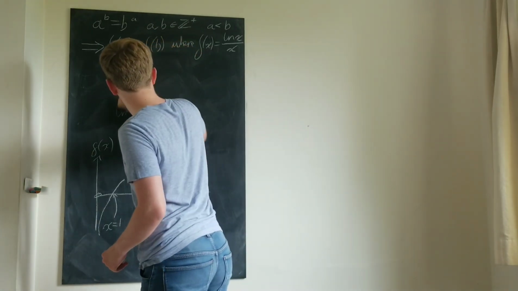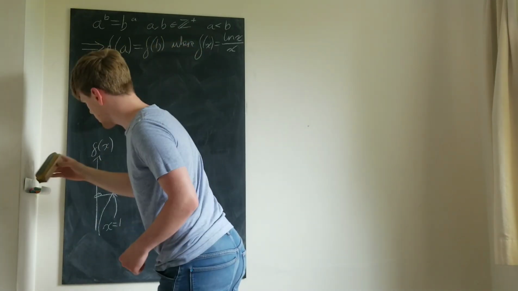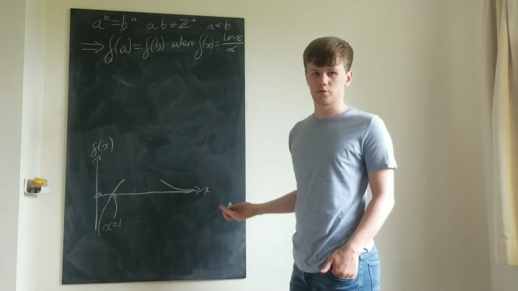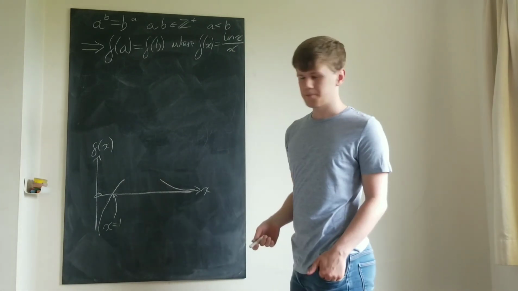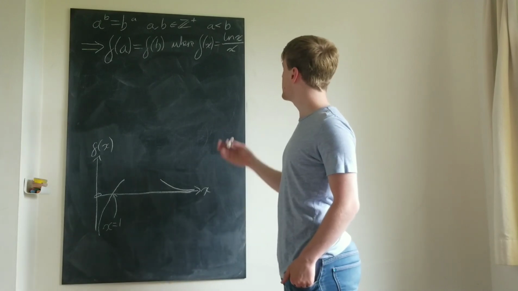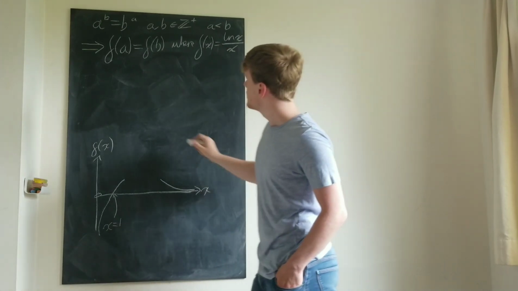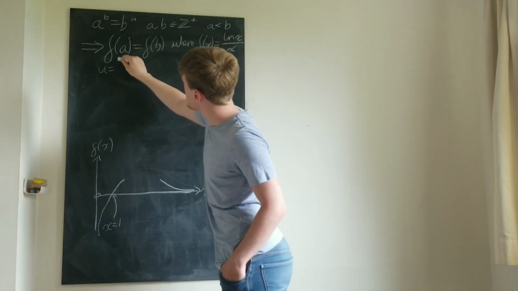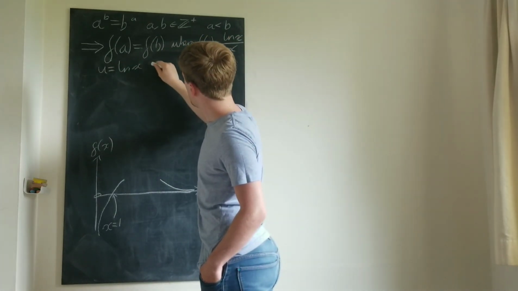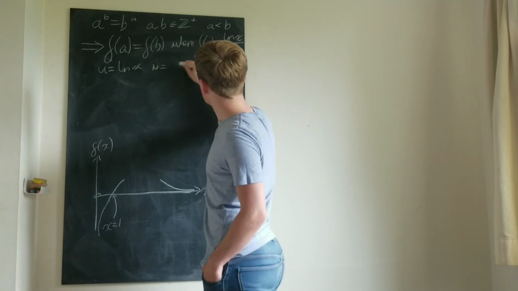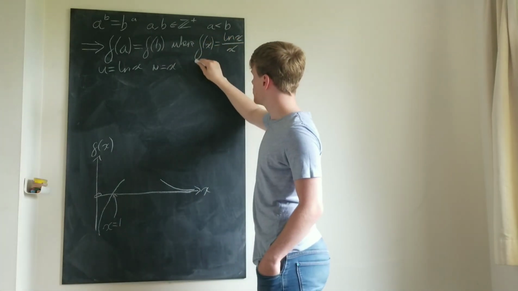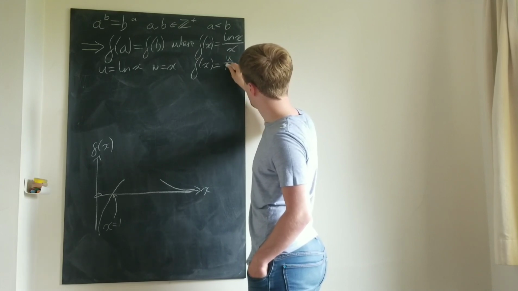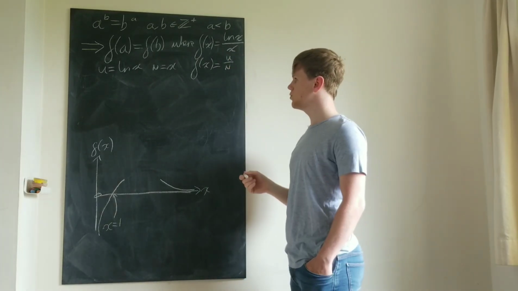Now, for the turning point of the graph, we want the derivative of f of x with respect to x, of course, to be 0. And so here we'll have to use the quotient rule. So we'll let the numerator ln x be equal to u, and we'll let v, the denominator, be x, and then of course we have f of x equals u on v, and so we can use the quotient rule.